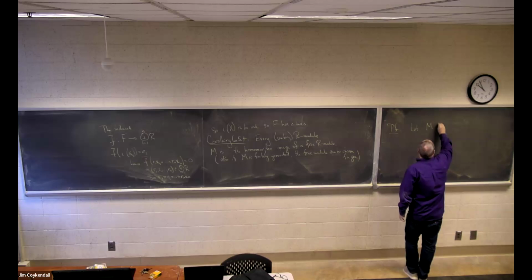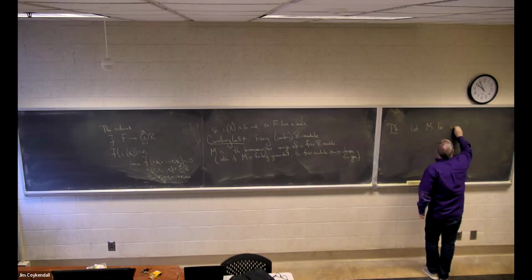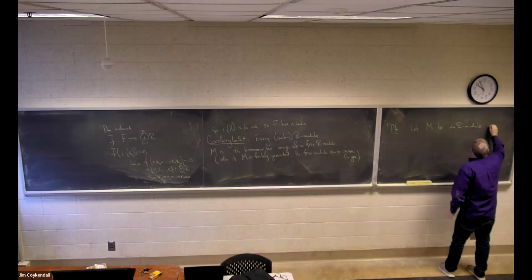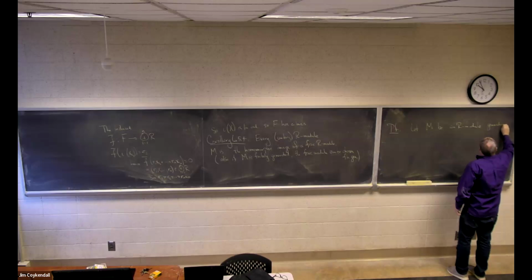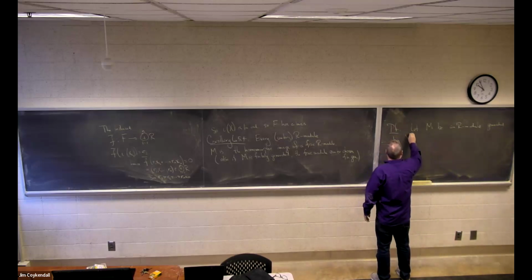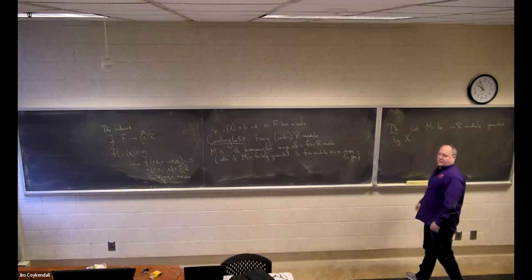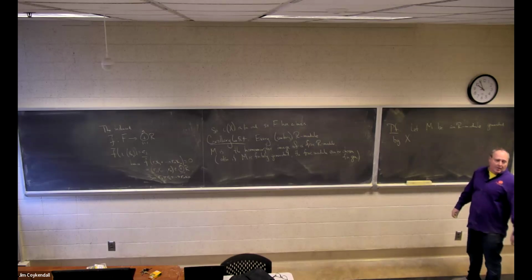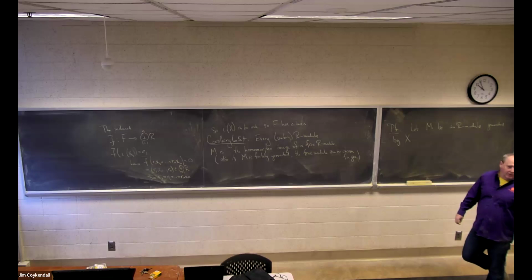Let M be an R module generated by the set X. Notice that, of course, if M is the zero module, it's clearly a homomorphic image.